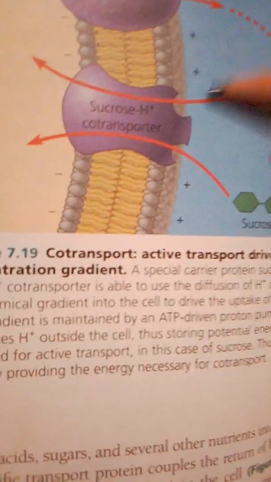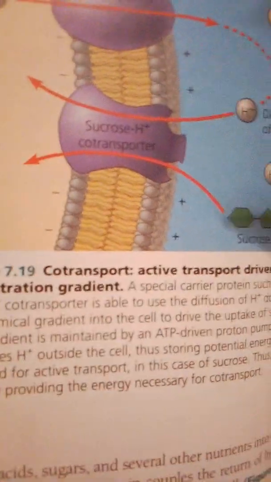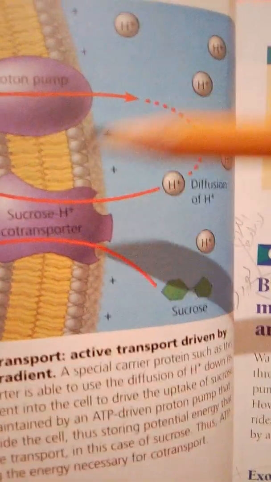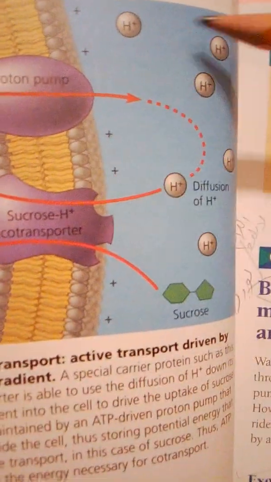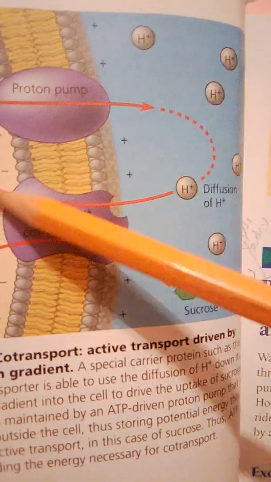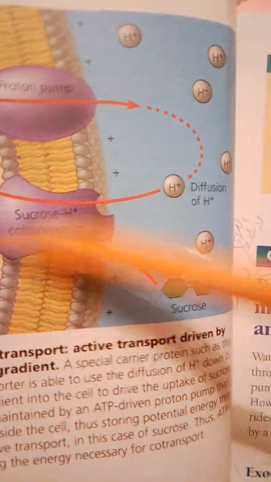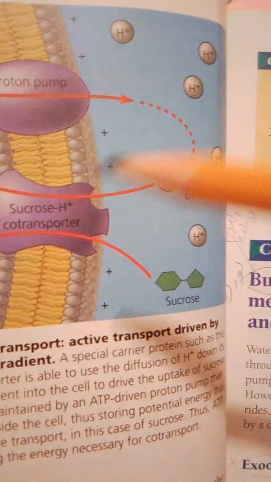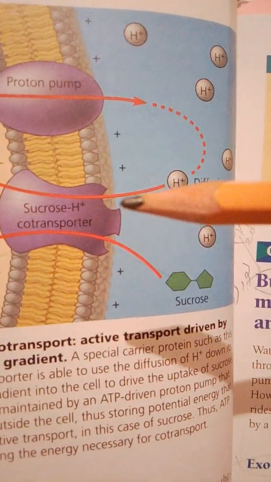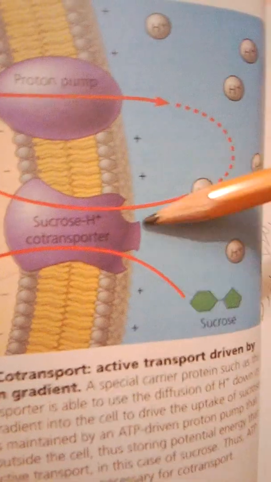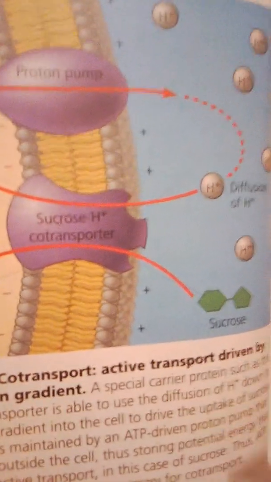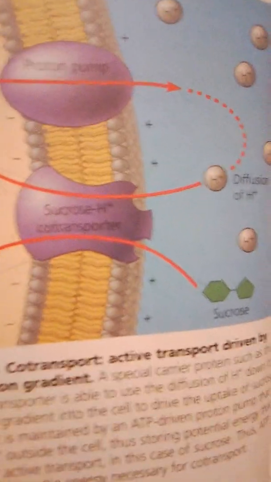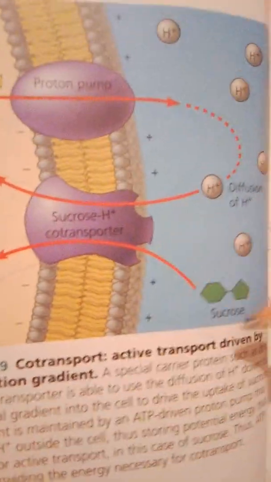Cotransport is active transport driven by concentration gradients. A special carrier protein, such as this sucrose-H+ cotransporter, is able to use the diffusion of H+ down its electrochemical gradient and into the cell to drive the uptake of sucrose.